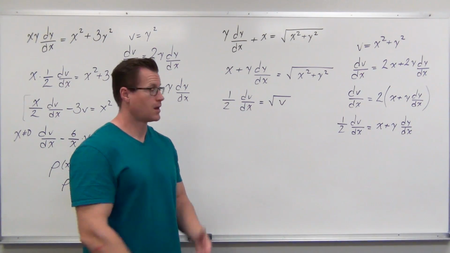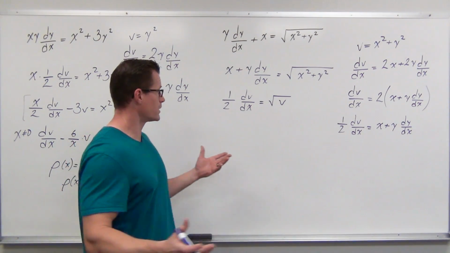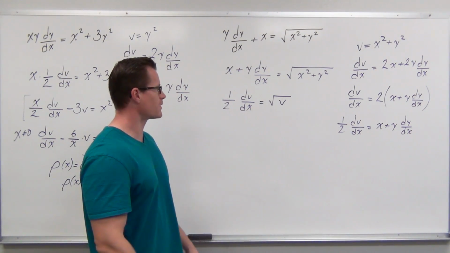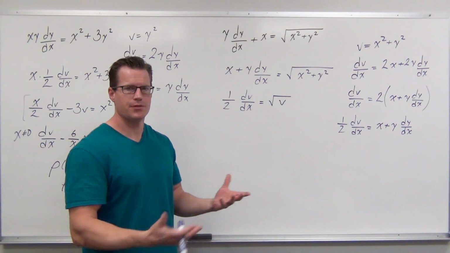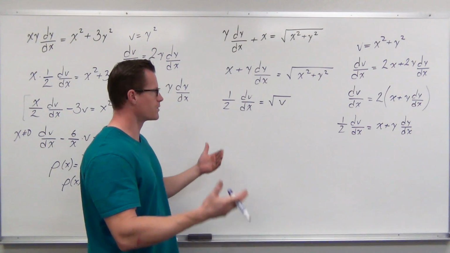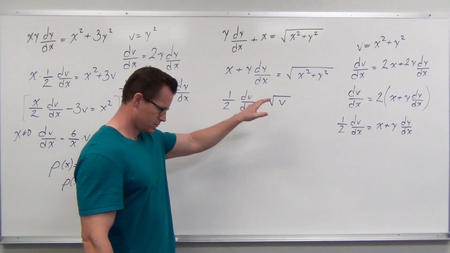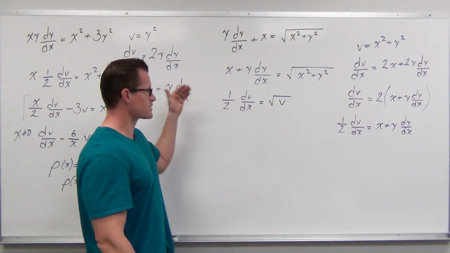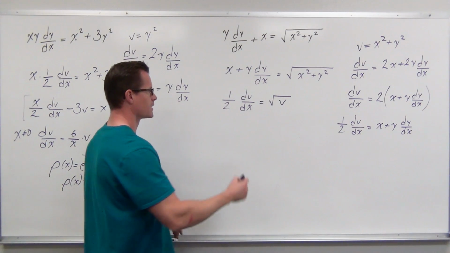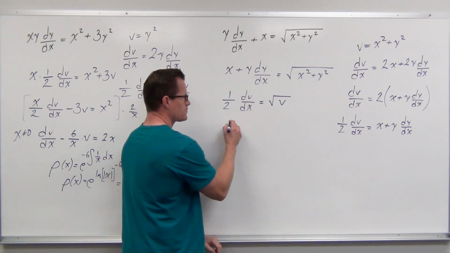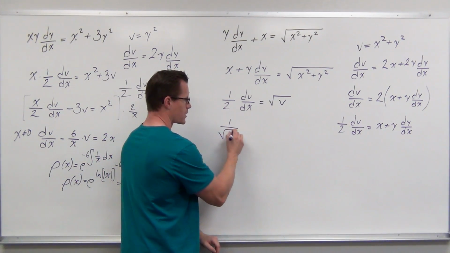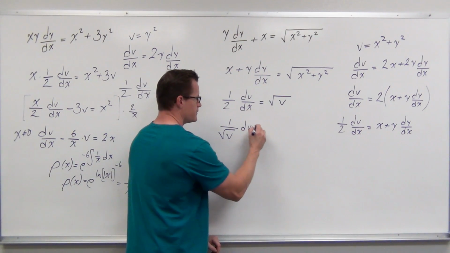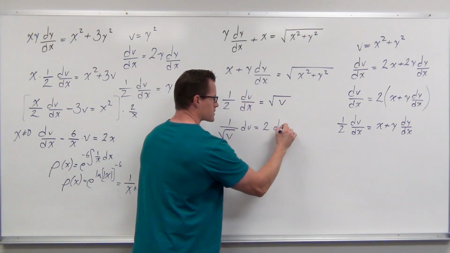That's it? That's it. That's separable right there. We don't have linear, we have nothing as far as being a hard sort of an integral. Let's move our v's with dv, our constants with dx. So we have 1 over square root v dv equals 2 dx.